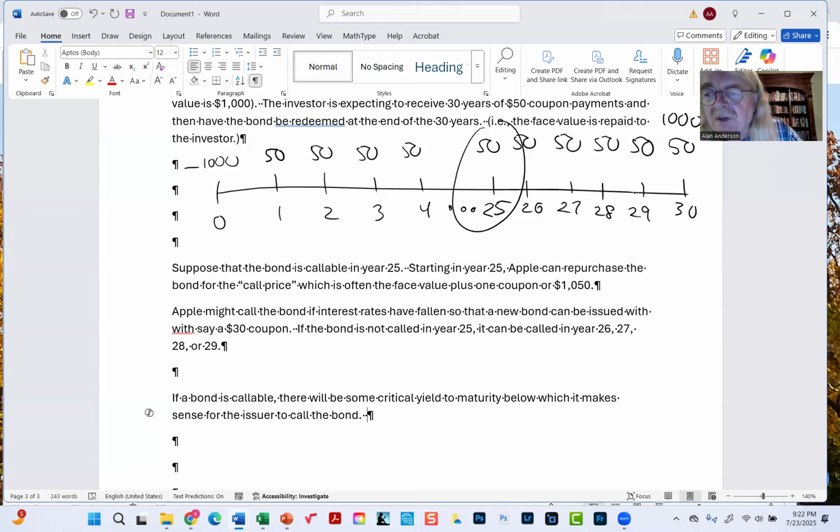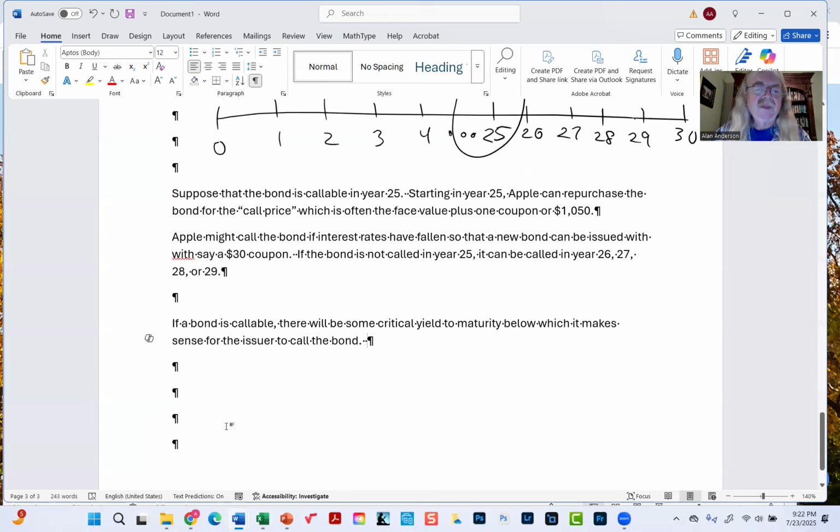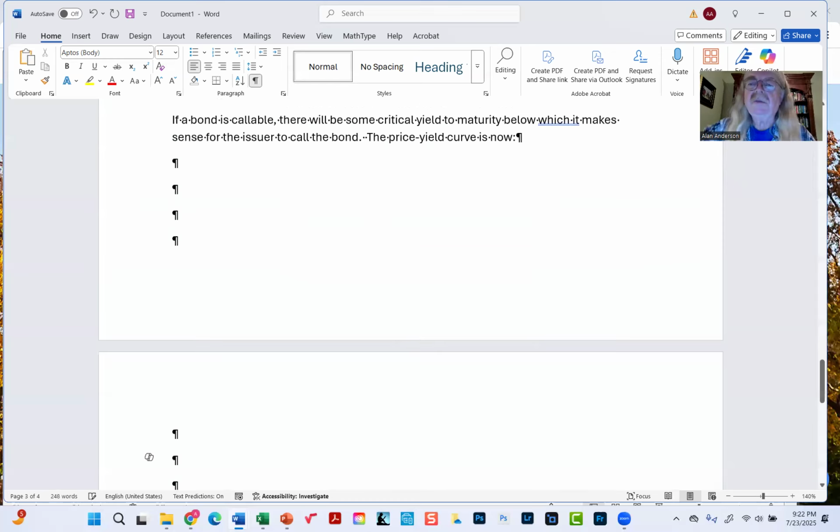So what that does to the price yield curve is this. All right, so it's going to end up looking something like this.